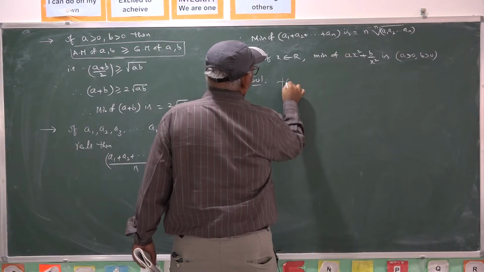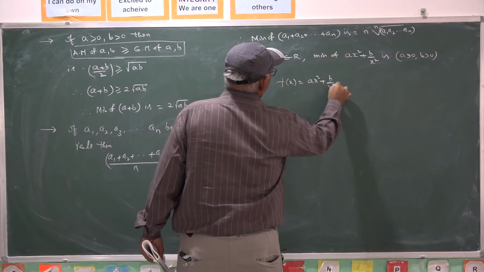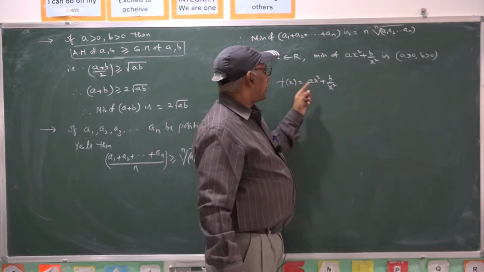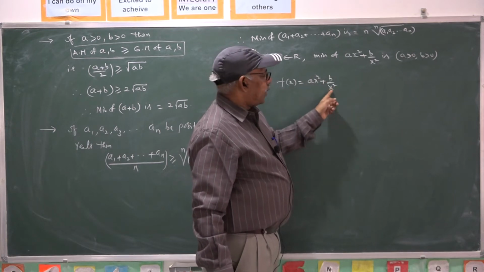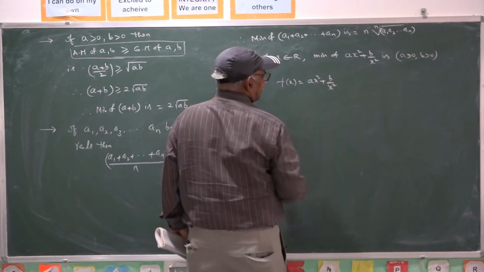So, let f(x) equal a x square plus b by x square. A is positive, b is positive, hence a x square is positive, and b by x square is also positive. Both are positive.